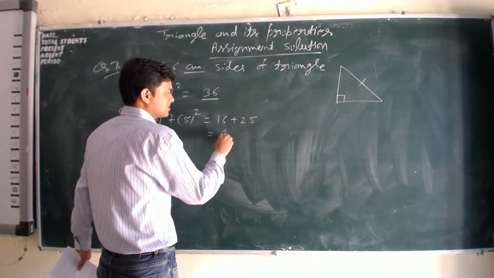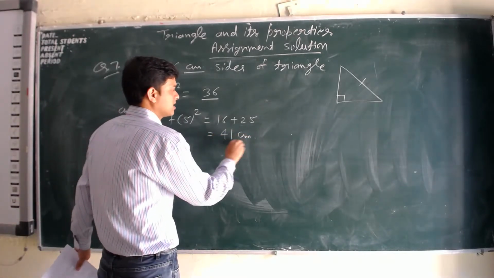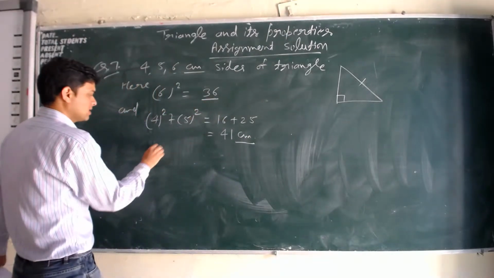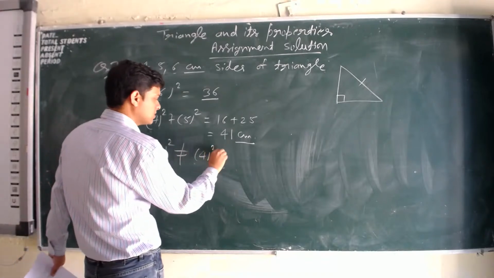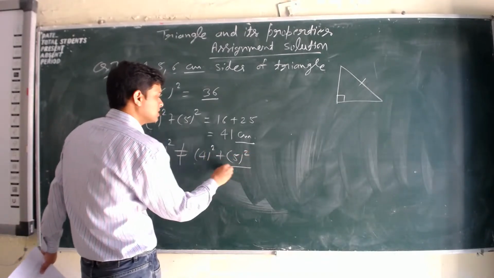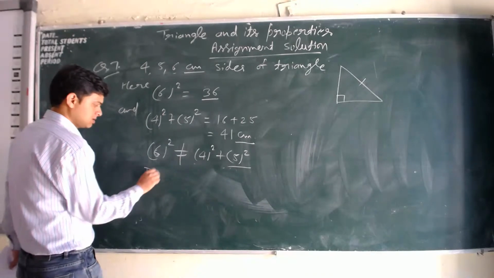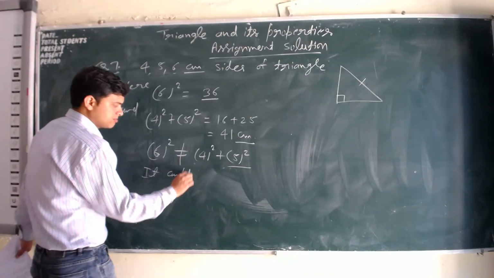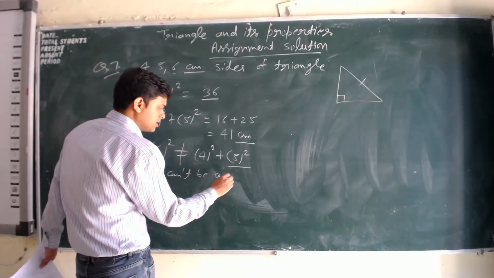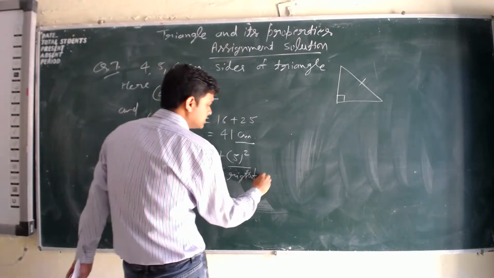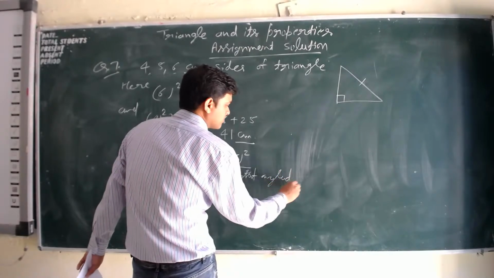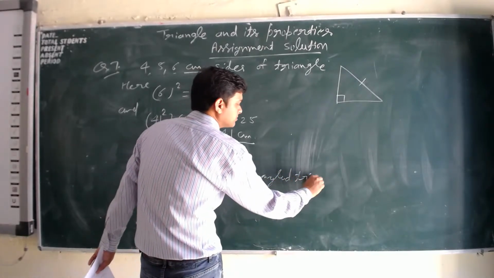This addition is equal to 41. And here 6 square is not equal to 4 square plus 5 square. So it can't be a right angle triangle. Clear?